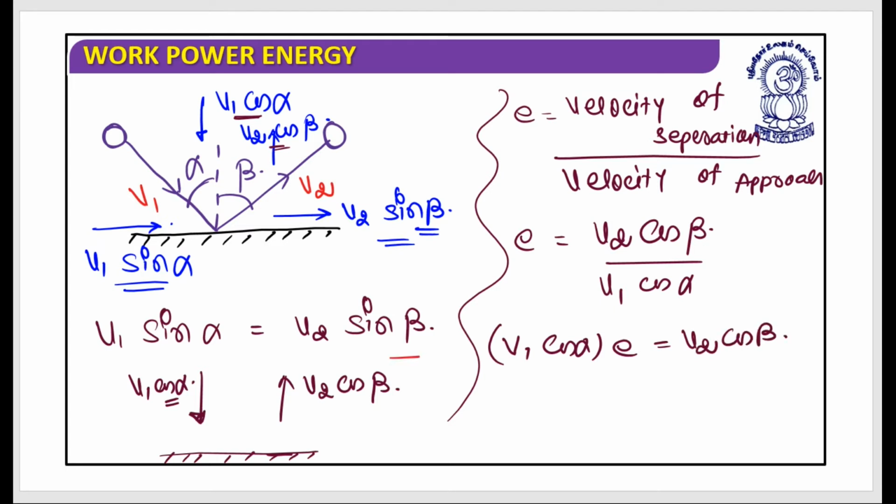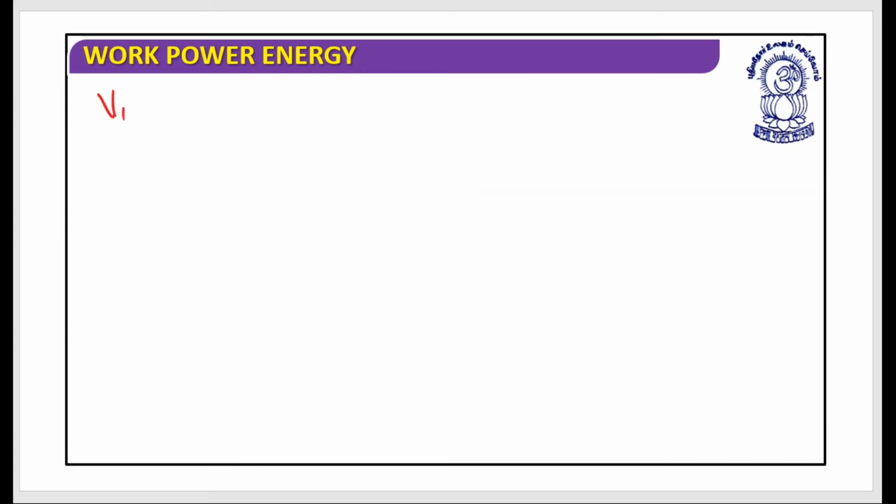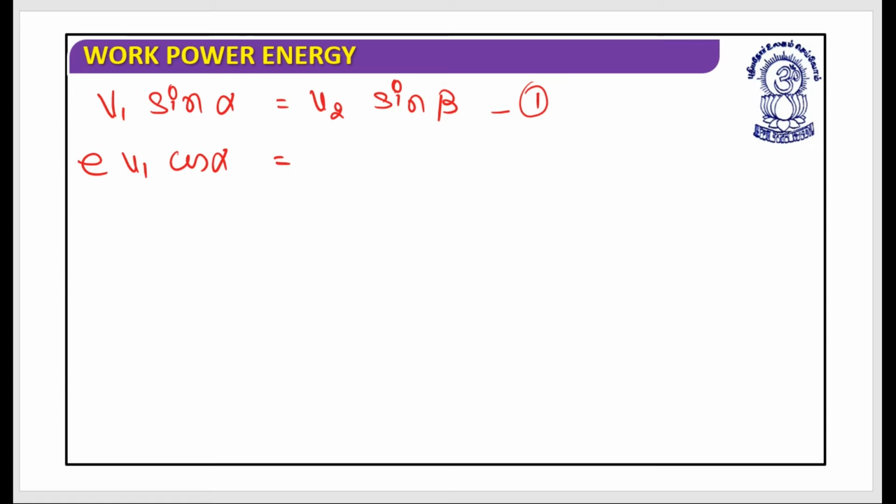Let's write this as relation number 2, and the first relation is v1 sin alpha equals v2 sin beta, and this is e into v1 cos alpha equals v2 cos beta.